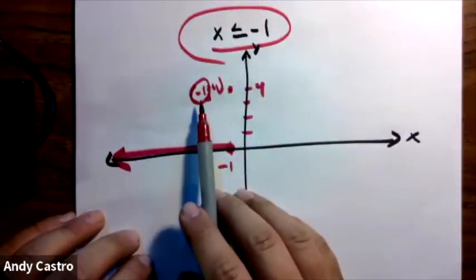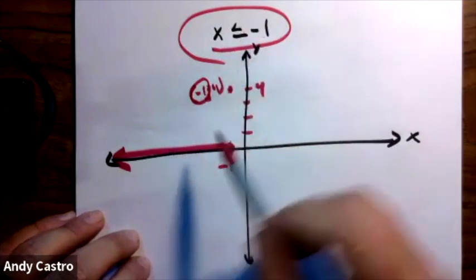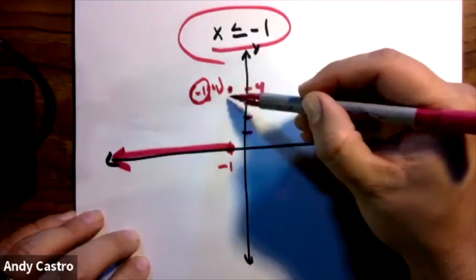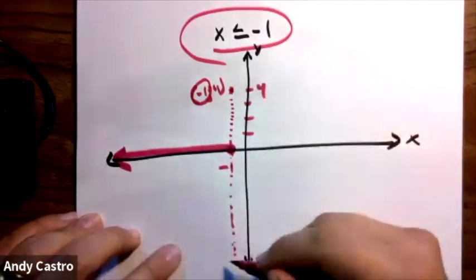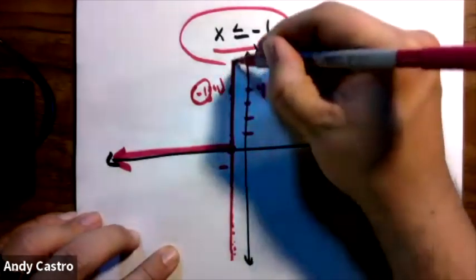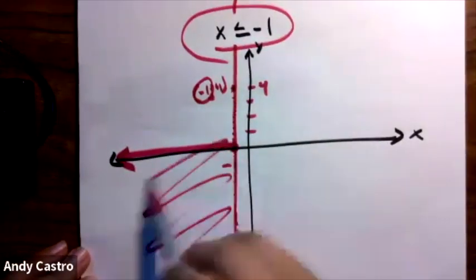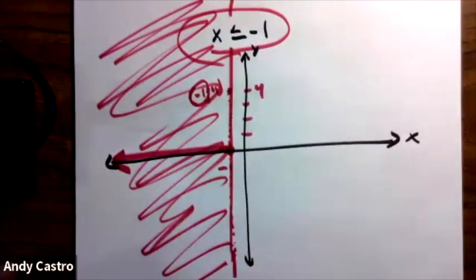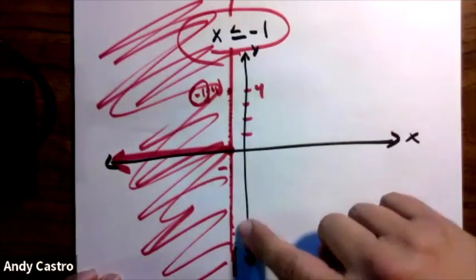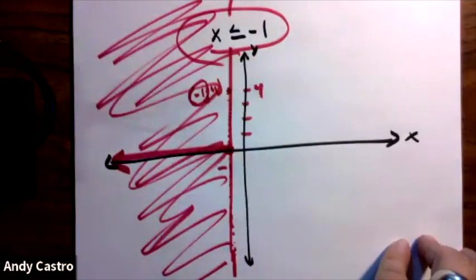It only cares about the x value. So any x value that's less than or equal to -1 will work. So this point works. In fact, every -1 point will work. So you actually have a line that goes straight up here. These are all the -1 points, and everything on this side of -1 will make that inequality true. So it's a straight up and down line at -1, and everything on the left side is filled in.